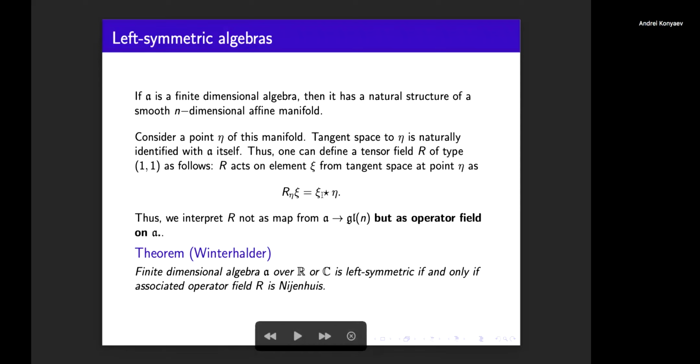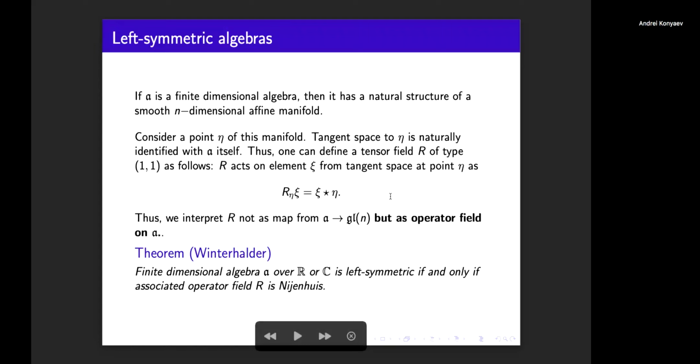So this right family can be understood as an operator field. The same goes for L. We will use our understanding of L as an operator field: at point eta, Xi, you just switch them around and you get the same for L. And we see that this is an operator field.